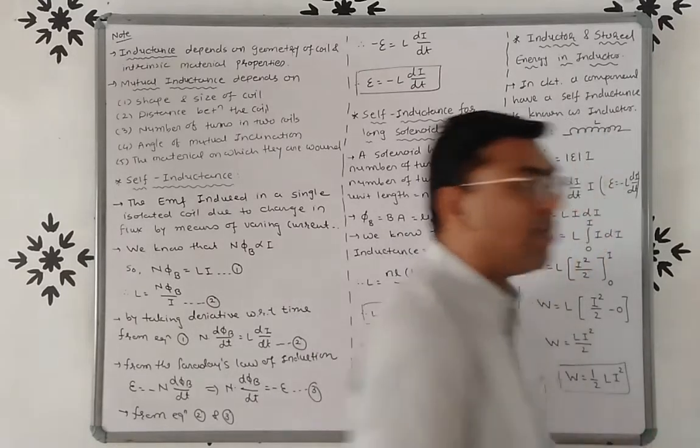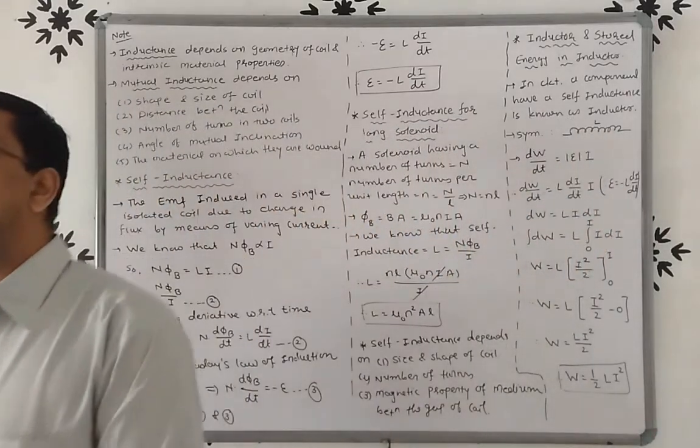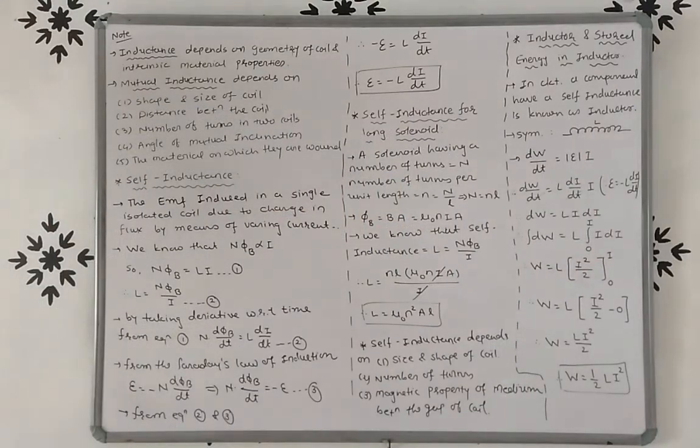So the formula of energy stored in an inductor is W equals 1 by 2 L I square. Friends, you have to remember this equation, right?